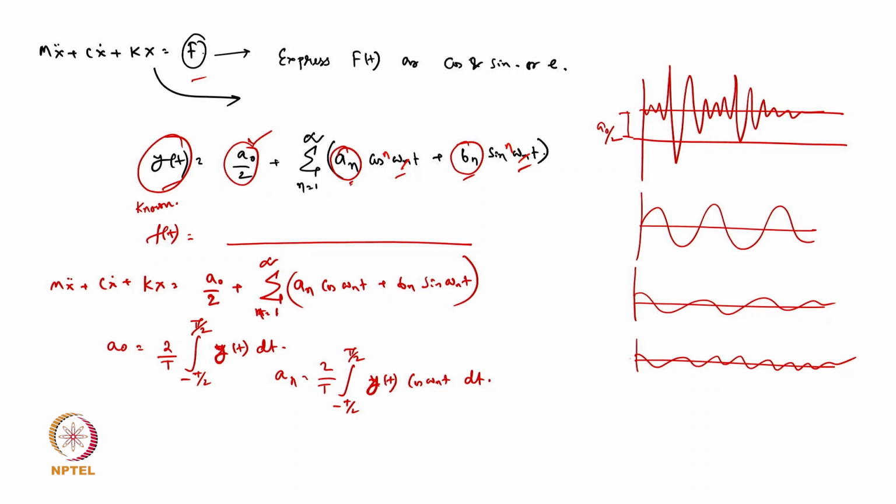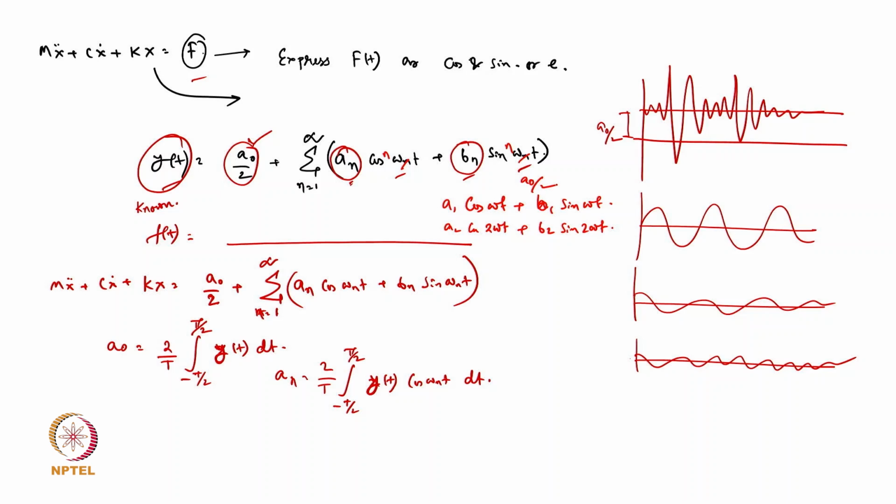So we are basically doing a1 cos omega t, b1 sin omega t, a2 cos 2 omega t plus b2 sin 2 omega t, and so on. We have that full series with a term a0 by 2.